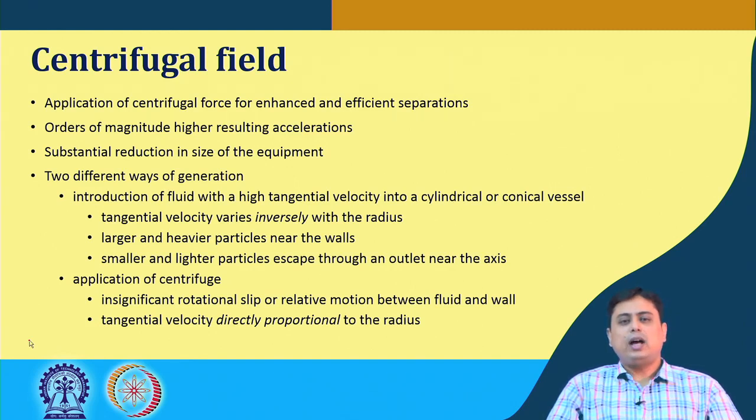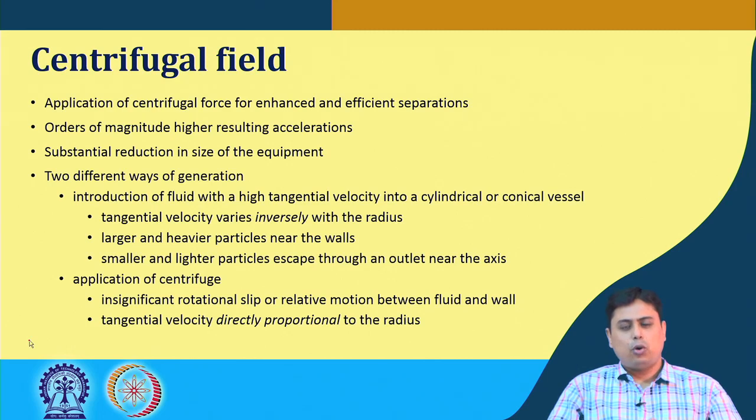By introduction of this tangential velocity at a sufficiently high rate to the conical or cylindrical vessel, the coarser, larger or heavier particles go near the wall and are collected, and the smaller, finer or lighter particles escape through an outlet near the axis of the vessel.